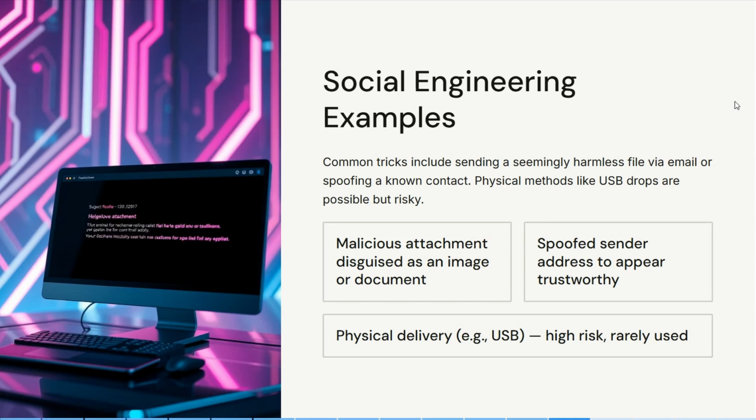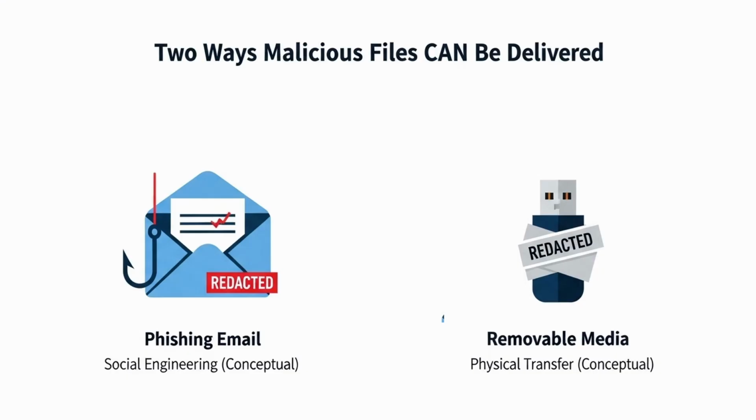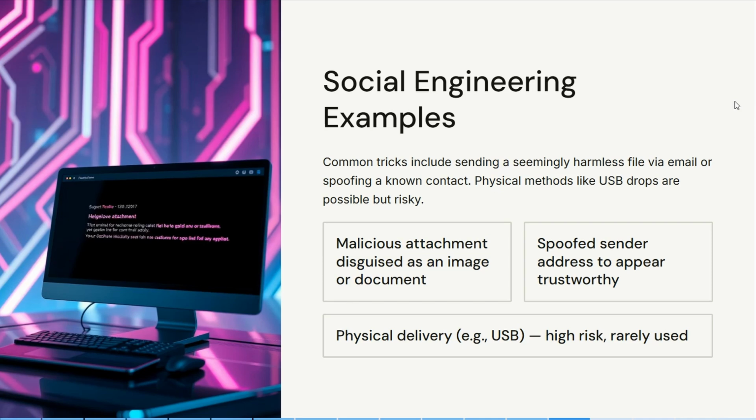These are social engineering examples. Common tricks include sending a seemingly harmless file via email or spoofing a known contact. Physical methods like USB drops are possible but risky, as is a malicious attachment disguised as an image or document.